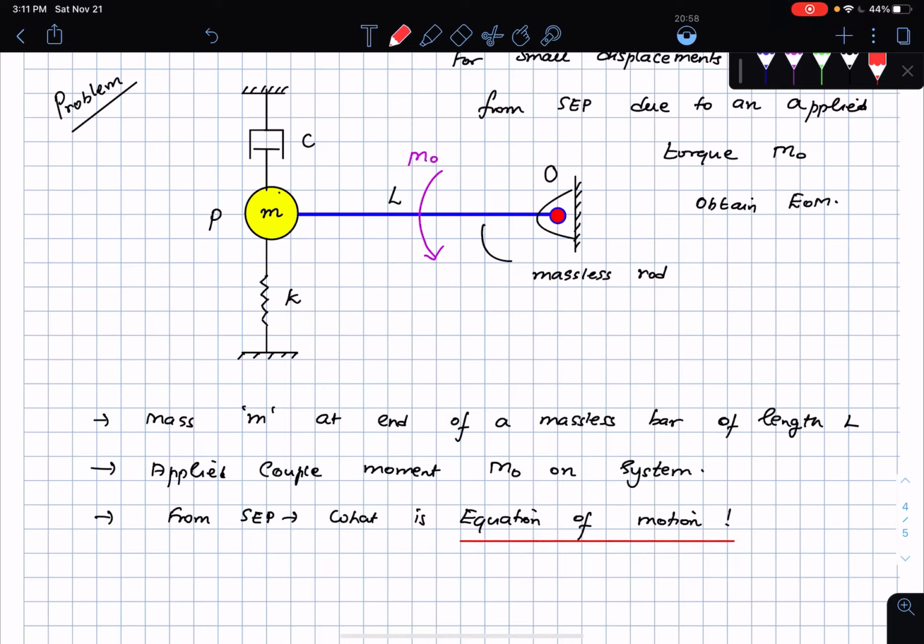Once again, you have to recognize that this is a vertical mass system. It's a vertical mass because the spring is going to get deflected by the weight of the mass m.